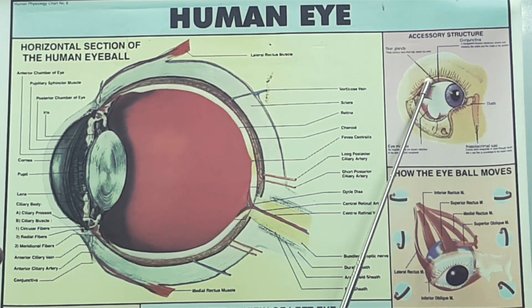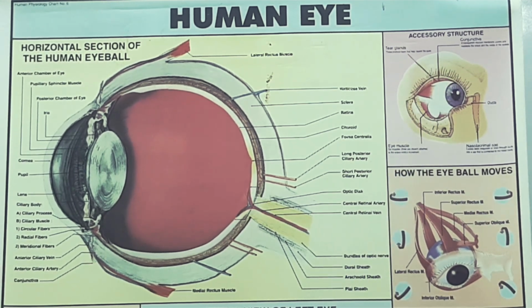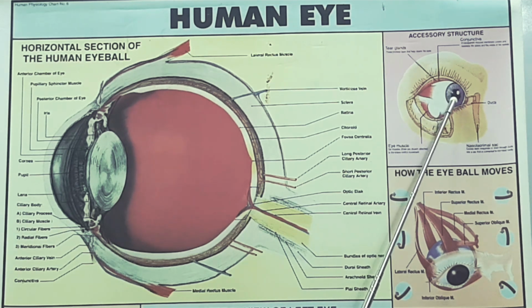At the edges of the eyelids, curved hairs are present and these hairs are known as eyelashes. Eyelashes prevent entry of larger particles. This white part of the front is known as the sclera or sclerotic layer, and at the center of the eye, the colored part is known as the cornea. The cornea includes two parts.